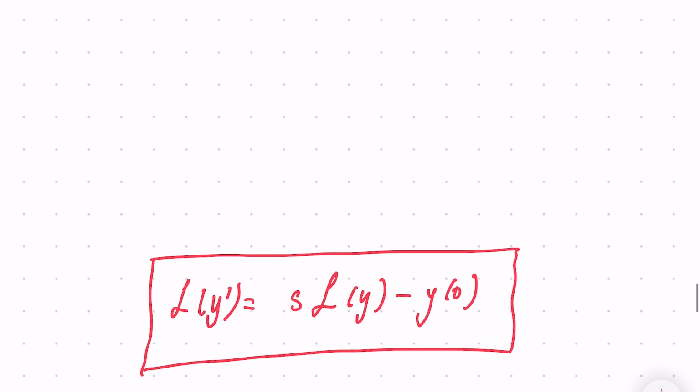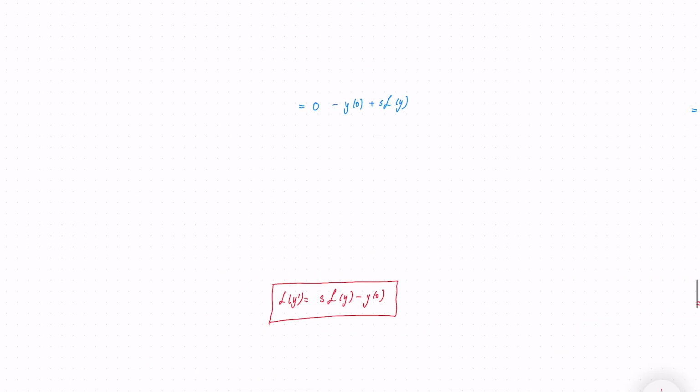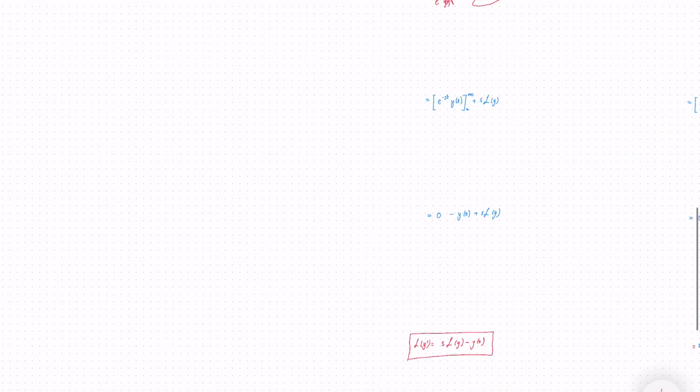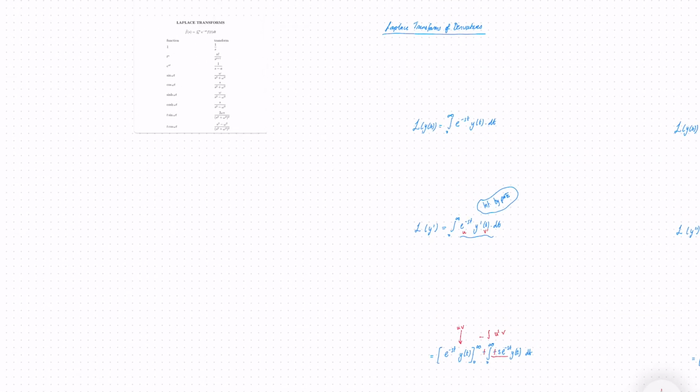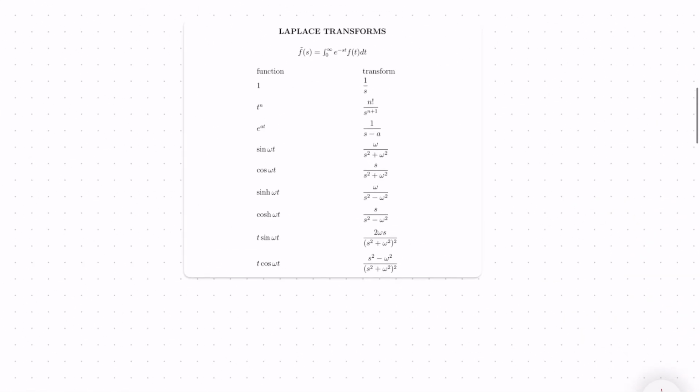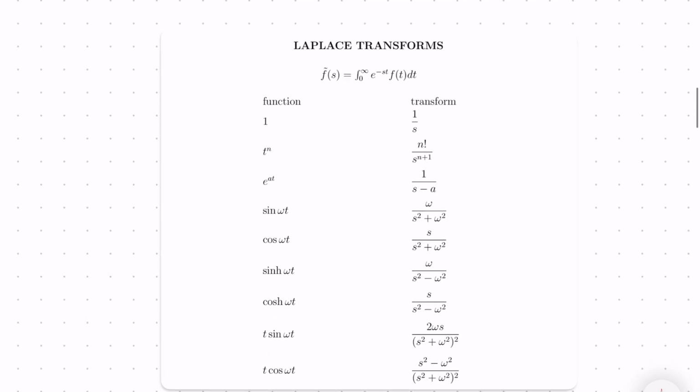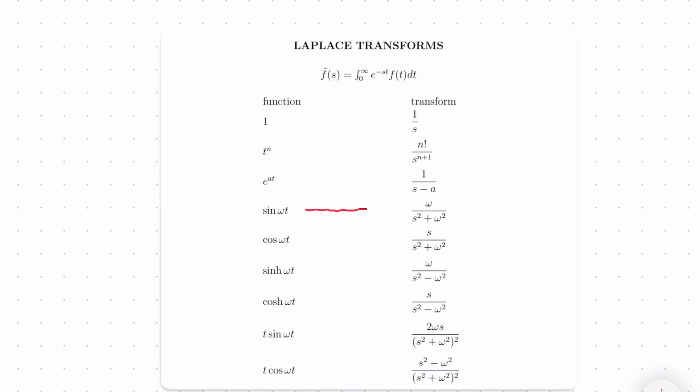One thing I wanted to mention was that these Laplace transforms are going to be a bit of a pain if you've got to do that every time. So you've got tables of Laplace transforms where someone's done it for you. So if you want the transform of sine omega t, you can just write down omega over s squared plus omega squared.